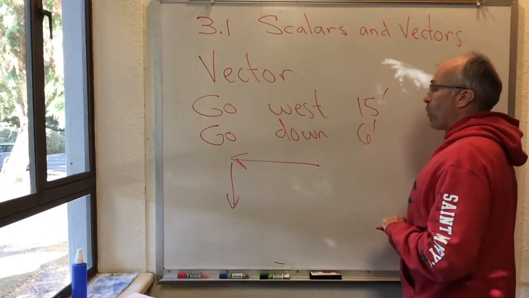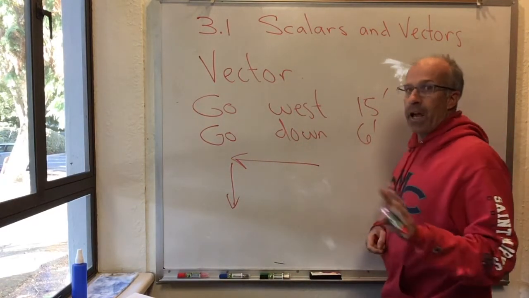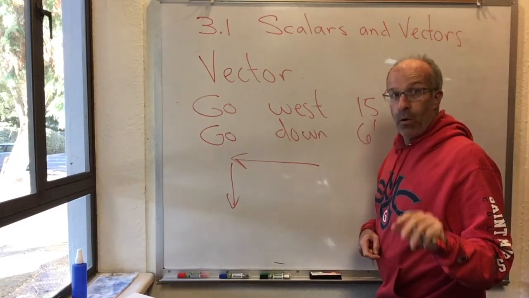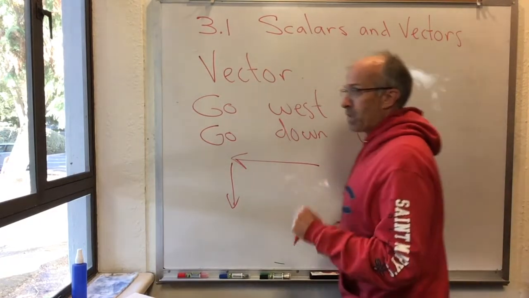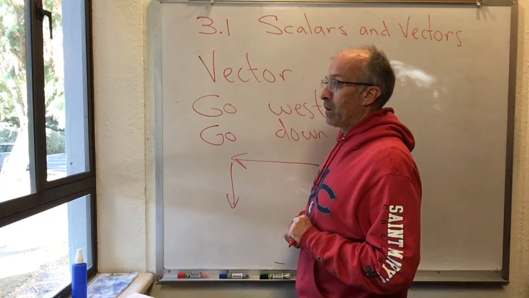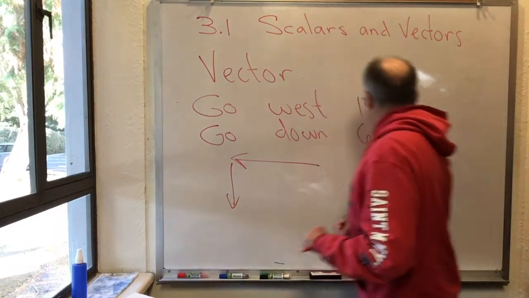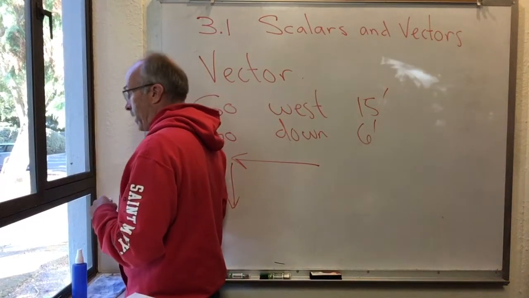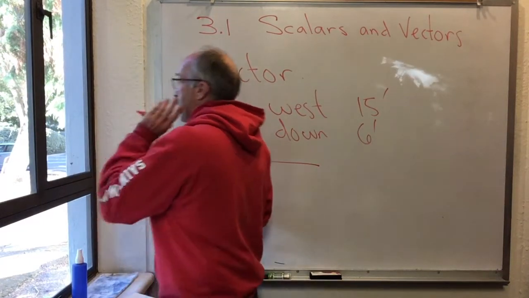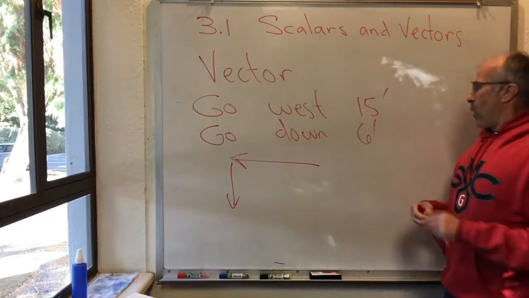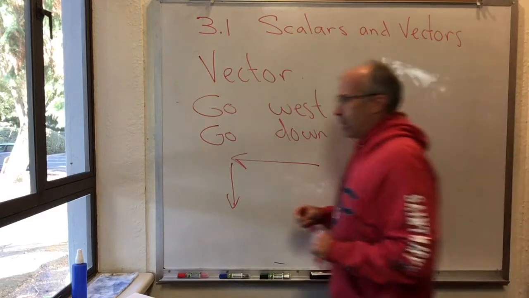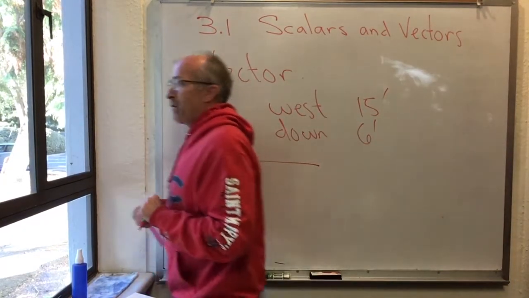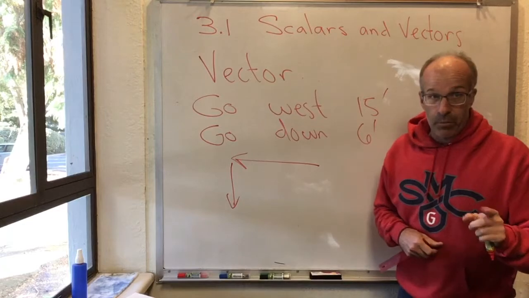Now the idea of going west 15 feet does not really capture where you started. Going west 15 feet can be done from here, or it could be done from here. If I go west 15 feet from here, or I go west 15 feet from here, I end up in a different place.